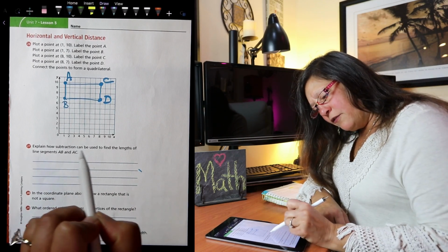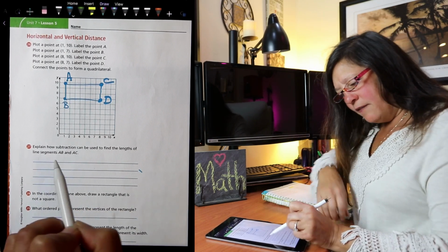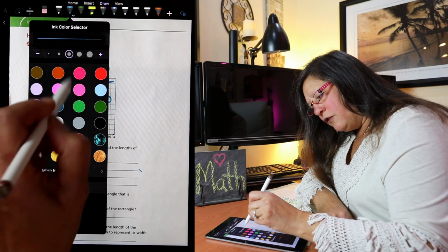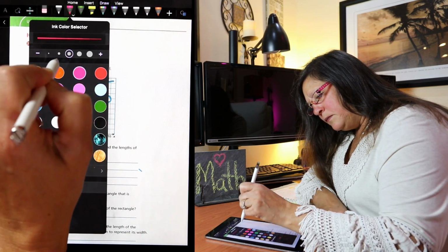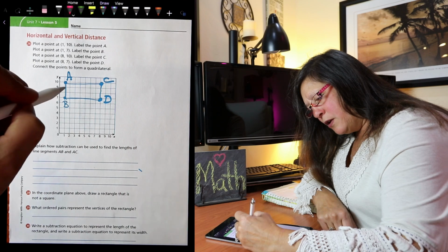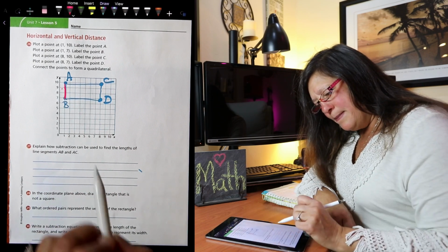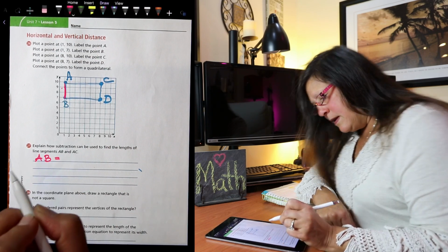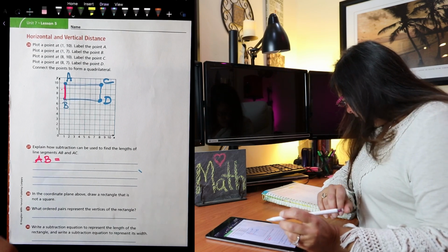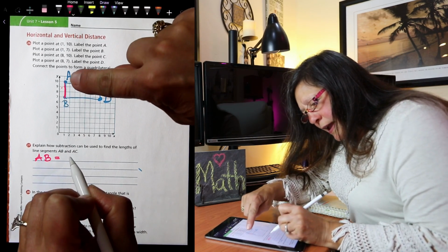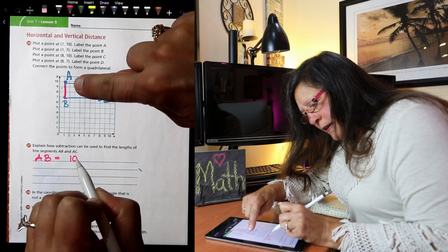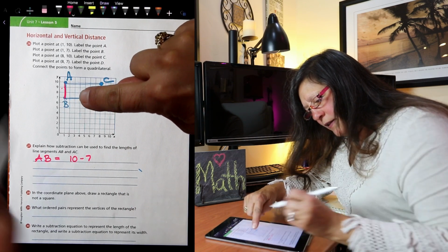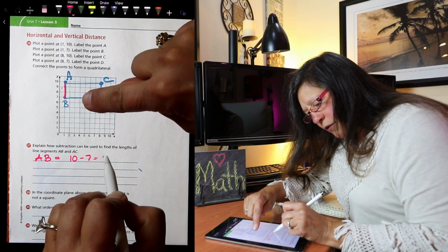Okay. Explain how subtraction can be used to find the length of line segment AB and AC. So if we want to know, let me change colors here again, if we want to know the distance of segment AB, AB equals, you're going to take the coordinates of, so A is at 10, and B is 7, so we're taking our y coordinates, and that equals 3.